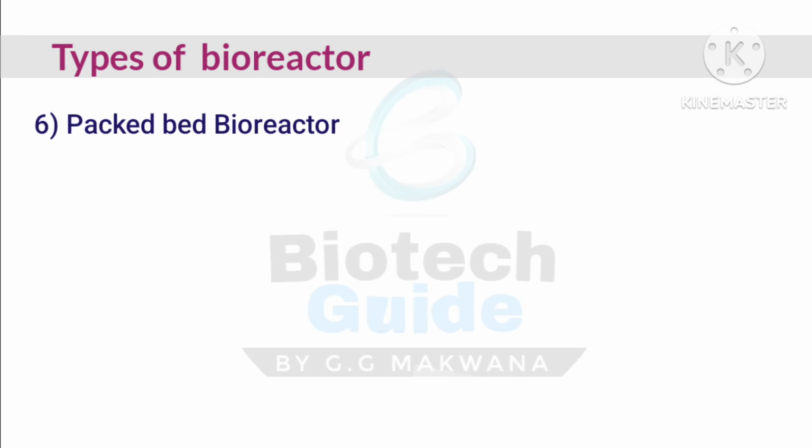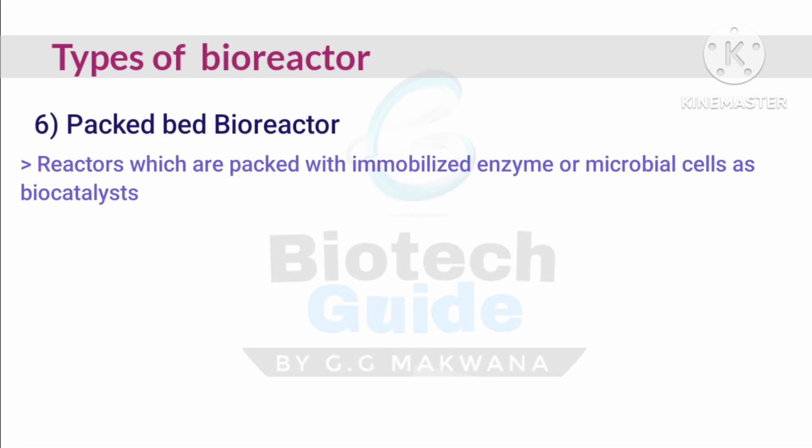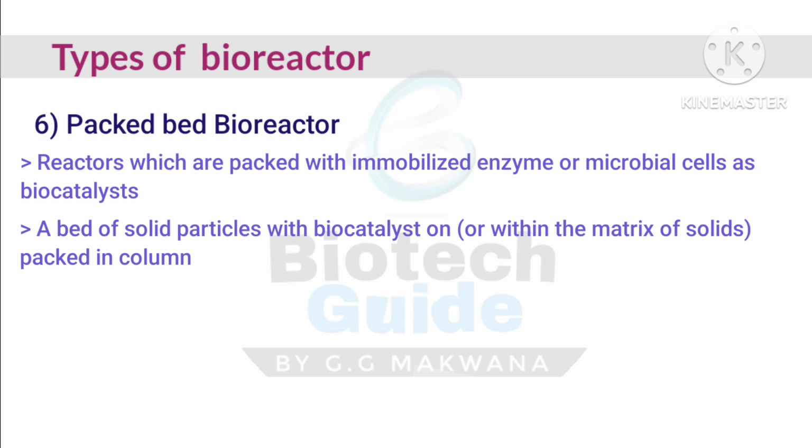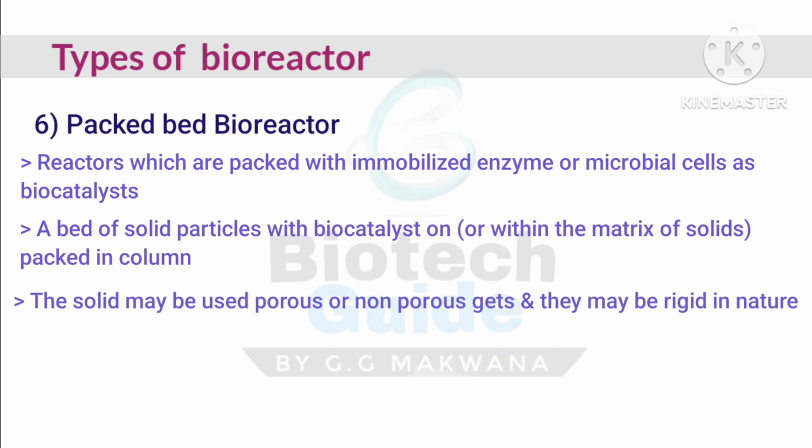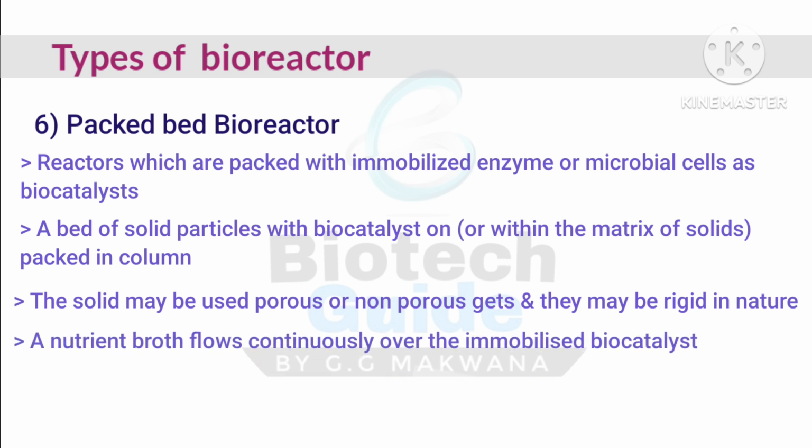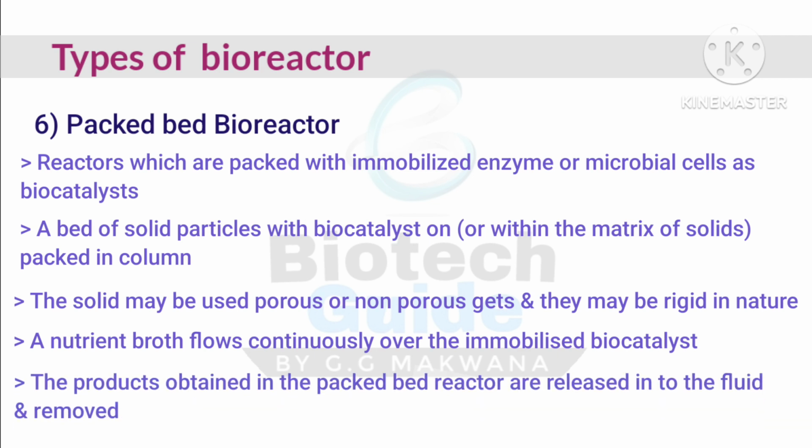Sixth, packed bed bioreactor. Reactors which are packed with immobilized enzymes or microbial cells as a biocatalyst. Basically, these biocatalysts are present on the surface of solid particles. This solid may be porous or non-porous, or also may be rigid in nature, and the nutrient growth medium flows continuously over the immobilized biocatalyst, and the resulting product is released into the fluid and removed.